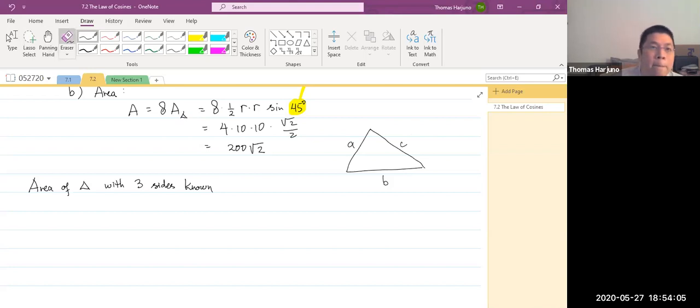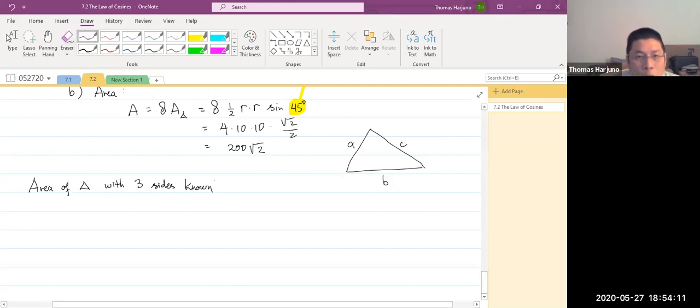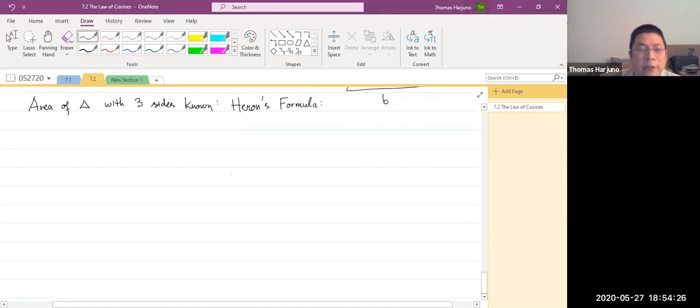Now, the area of a triangle with 3 sides known, we will use what we have learned in geometry. We will use Heron's formula.